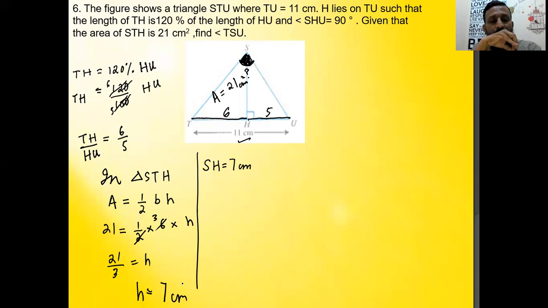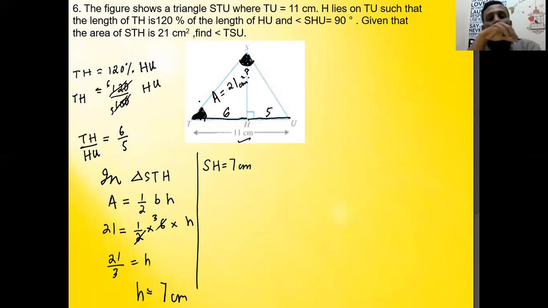Furthermore, what can we do? We can use this length 7 centimeters to find out the angle T. I'm talking about this angle. So in the same triangle STH, we can calculate this angle T that will help us to find out the unknown angle TSU.